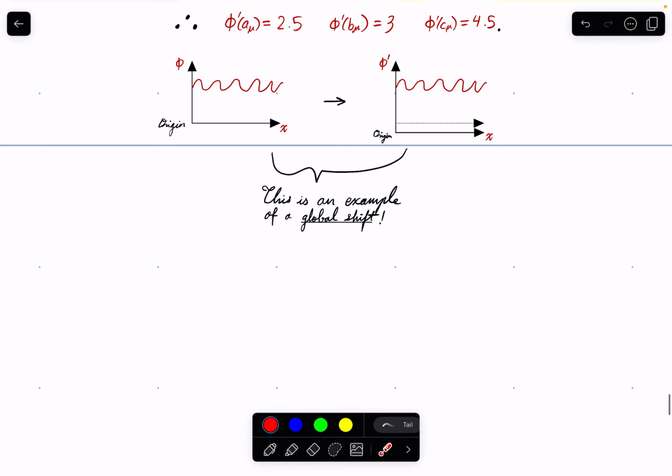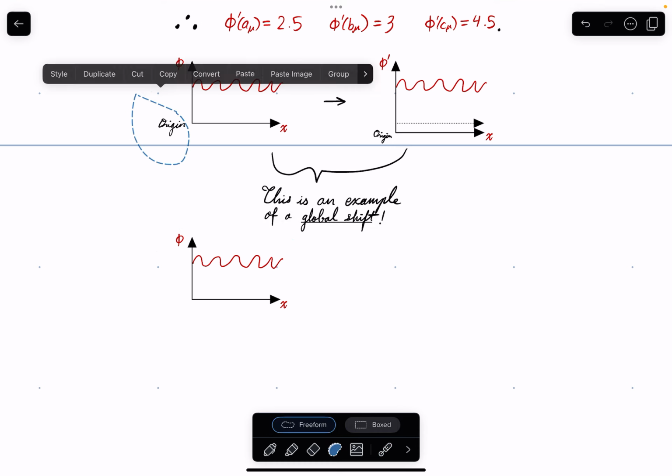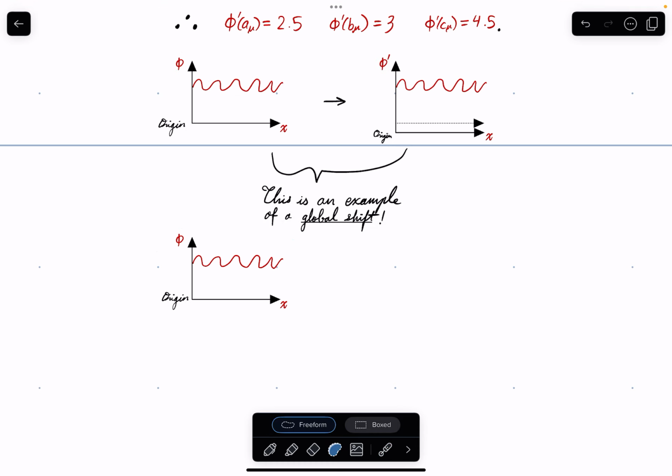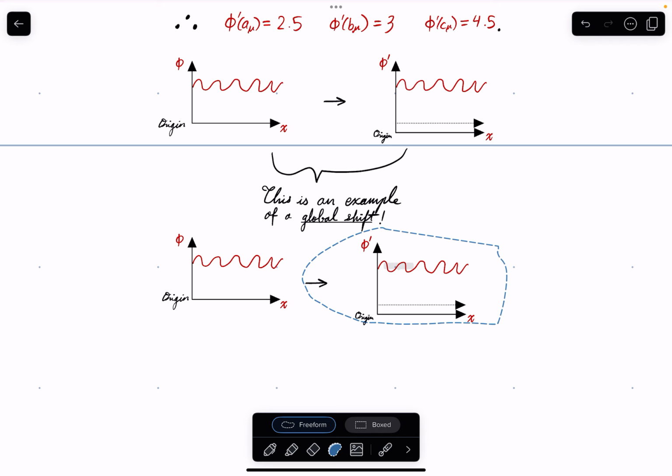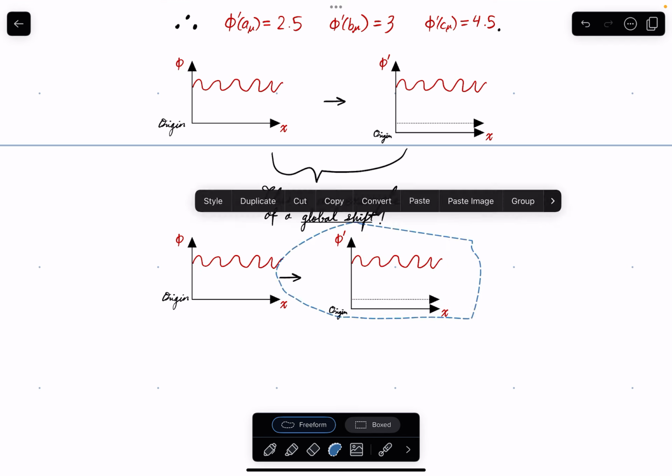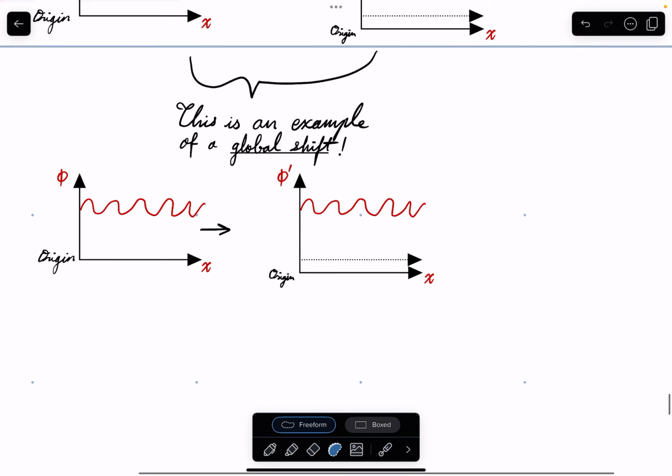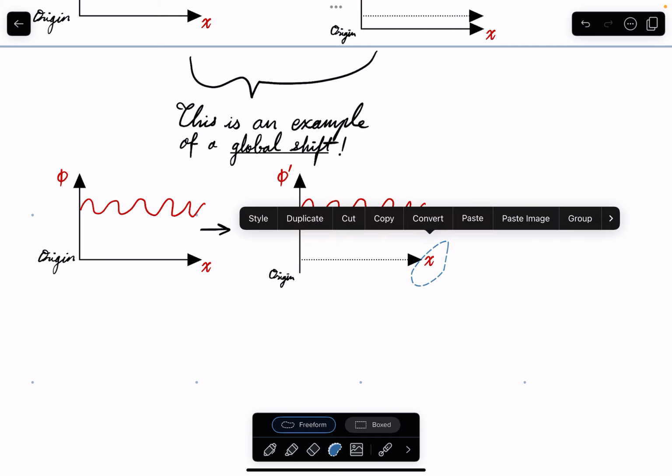But you can also have local shifts. So if I take this, then you can get something called a local shift, where instead of having a constant shift, we can just call this the x-axis.